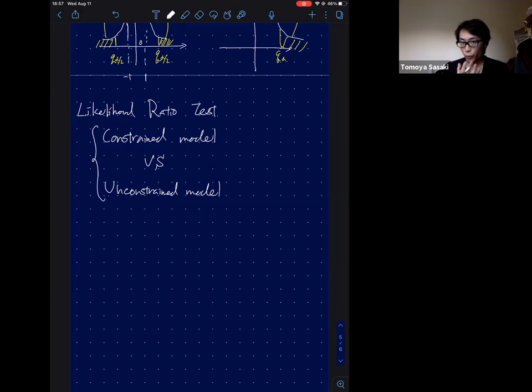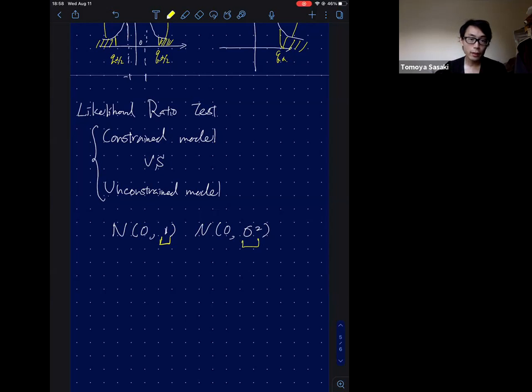So for example, let's say you're testing whether a normal distribution has variance 1 or whether that normal distribution has any free variance. This is a typical example of a constrained versus unconstrained model, where you're testing whether the variance is going to be 1 or it's going to be something else.